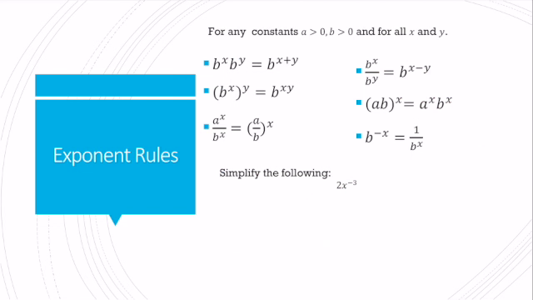So it's nice to remember our exponent rules. Just a little refresher. If I'm multiplying two exponents with the same base, I add their degrees. If I'm taking an exponent to another exponent, I multiply it. If I'm dividing an exponent by another exponent, I can subtract the degrees.